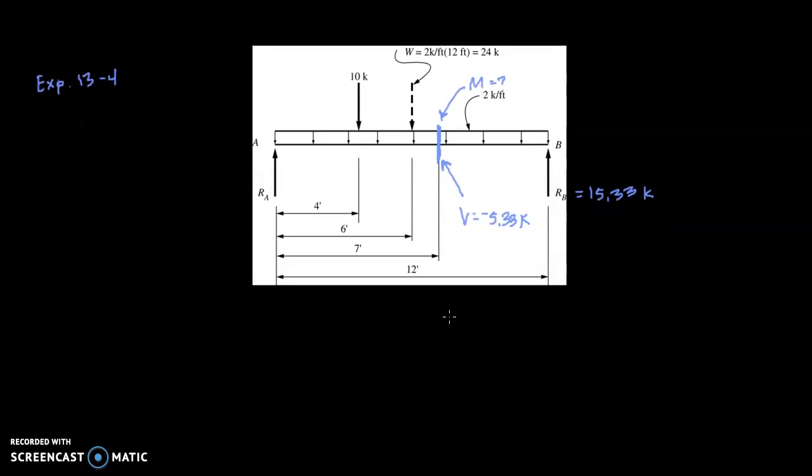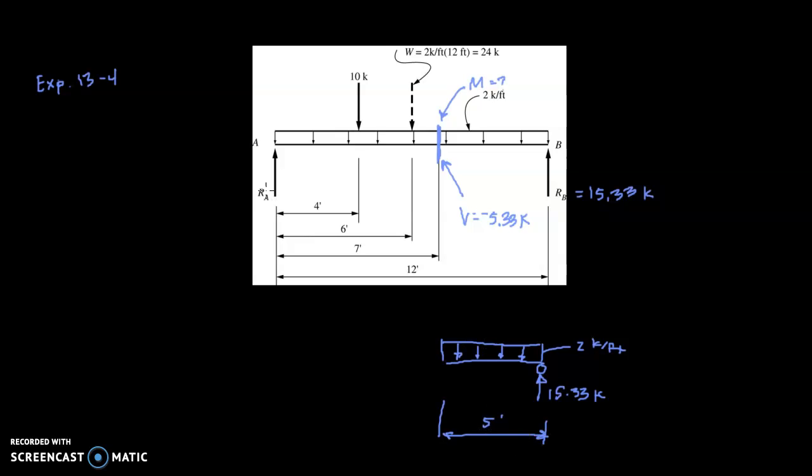So again, we take the same approach of chopping the beam in half and just looking at the right half. We could equally do this with the left half. I just think that the right half is simpler. And so we've got this 15.33 kip reaction force at B, and we have 2 kips per foot distributed load spread out over a span of 5 feet.